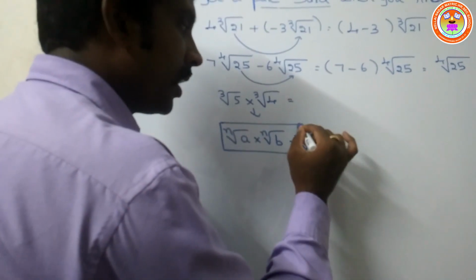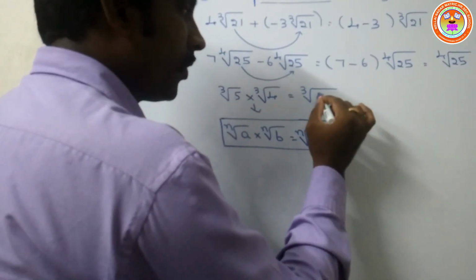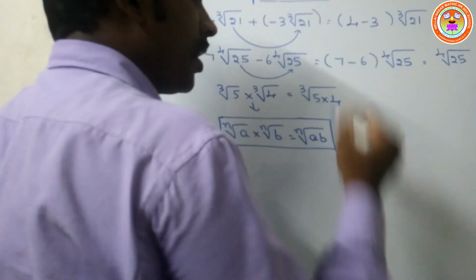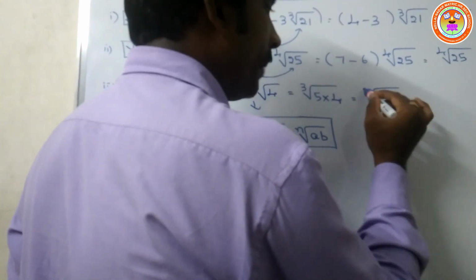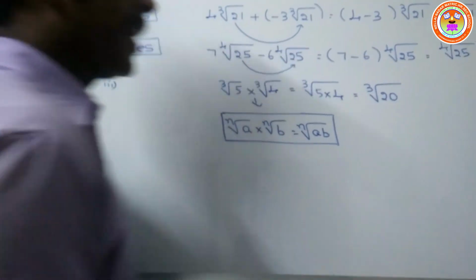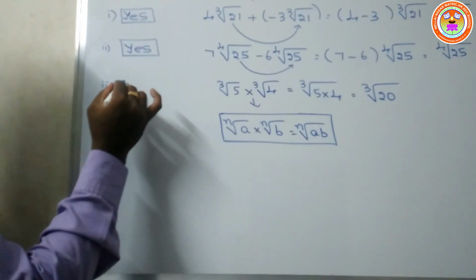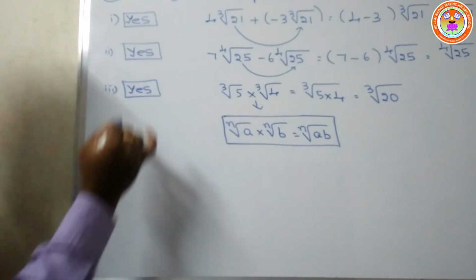Applying this formula, cubic root of 5 into 4. 5 into 4 is 20. So cubic root of 20. The coefficient is 1. So yes, it is a pure surd.